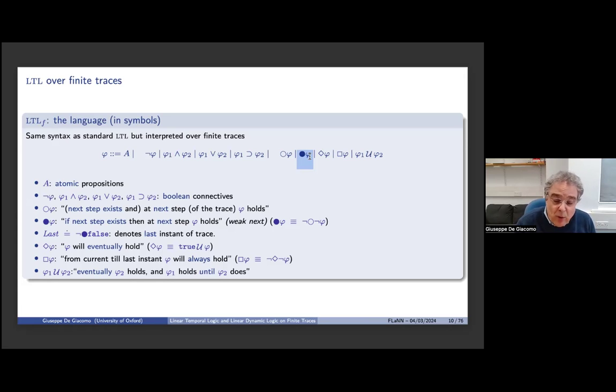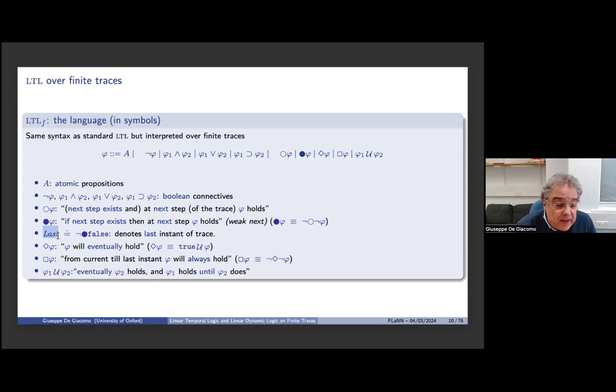Okay? And one is the negation of the other, and we don't have the famous equivalence we have in LTL of infinite traces, in which next phi is equivalent to not next not phi. This is false here.